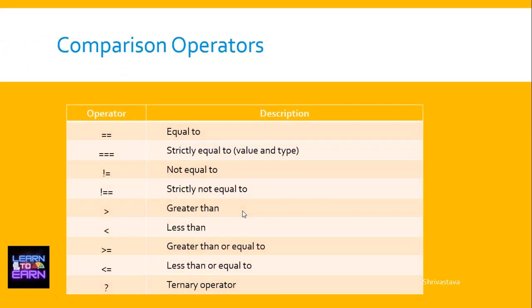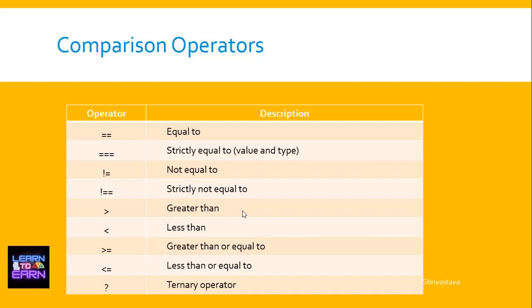Comparison operators. Comparison operators are used when we have to make some decision based on some condition. So the very first is double equals to, which is equal to, which will verify equality of two objects or two numbers, two variables. The triple equals to represents strictly equal to, which includes value and type of the operands.